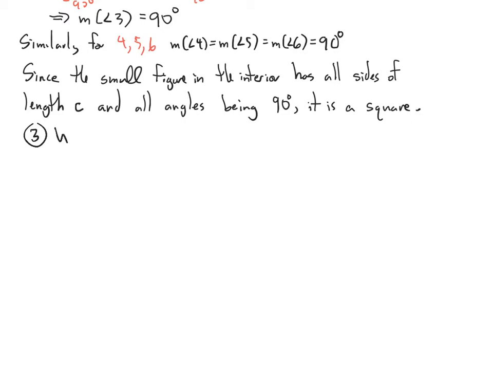So we know that the area, I'm going to write it like this, the area of the big square is the same thing as, well, the area of the small square plus 4 areas of those triangles above.